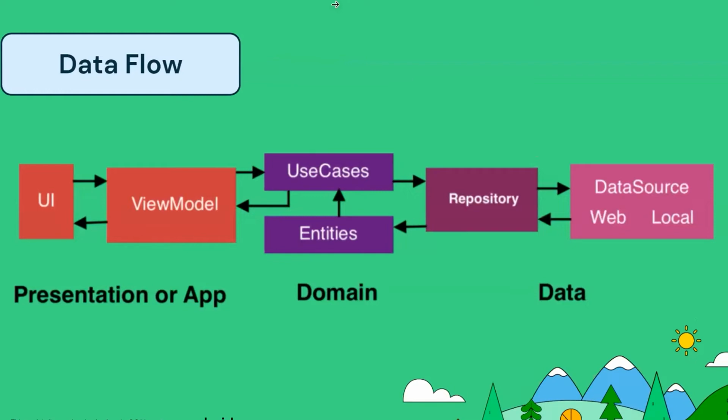So any questions? Anything that you want to ask or want to share about the architectures? Like, what are your reviews about using an architecture in an Android app? Can I have some responses?